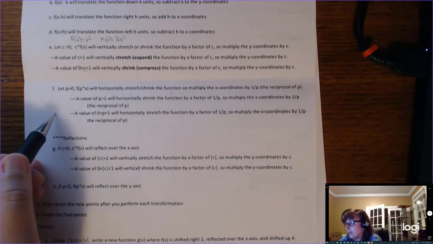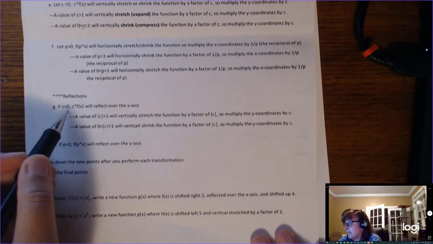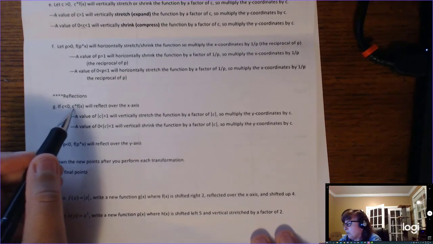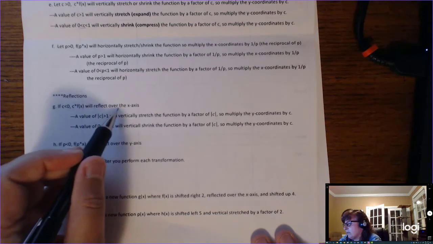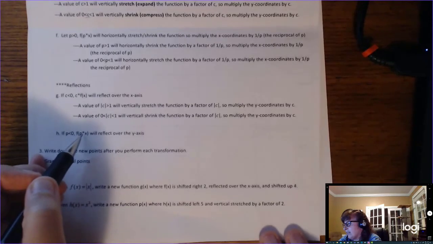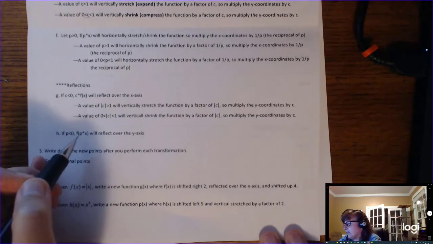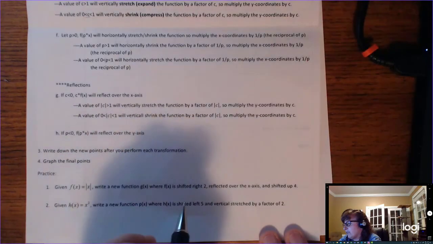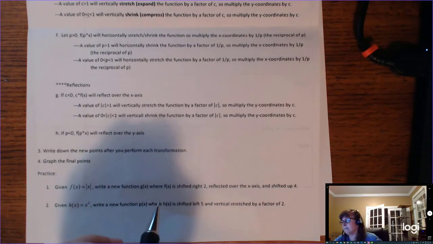So that's the hardest. And then reflections: if you have a negative 1 outside the function multiplied, it's reflecting over the x-axis. If there's a negative 1 in there with the x, it's going to reflect it over the y-axis.